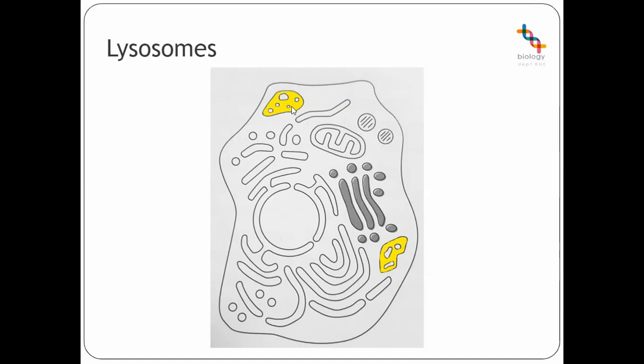So first of all, it's quite important that lysosomes are surrounded by a membrane in order to keep all of those important enzymes away from everything else in the cell, because obviously if they can be involved in protein digestion, they could be involved in digesting other parts of the cell. So these are surrounded by a membrane, really for the protection of the cell itself, and they remain within the cell until they are required.